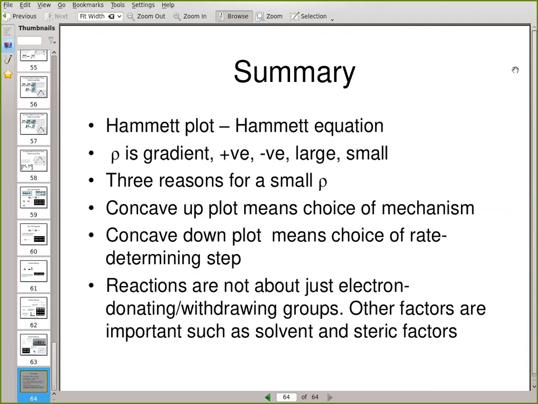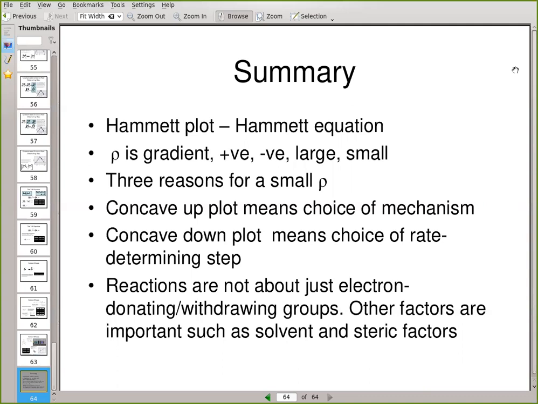A concave up plot means that there's a choice of mechanism. When you have a choice of mechanism, the fastest mechanism is going to give you your products. Of course, if you've only got one mechanism available to you, there may be several possible rate determining steps. And of course, it's the slow step that is rate determining.